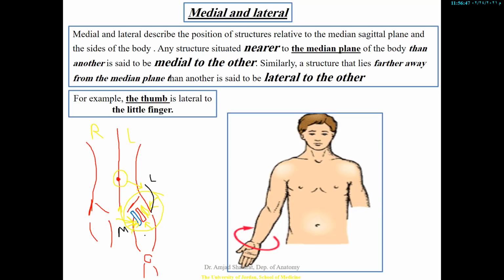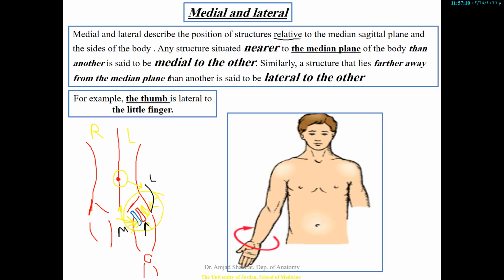How about the red thing, the artery here? It is in the middle, or intermediate. So medial, lateral, intermediate. The word relative, I would also highlight this word. What does this mean? It means there is no absolute medial and lateral per se.